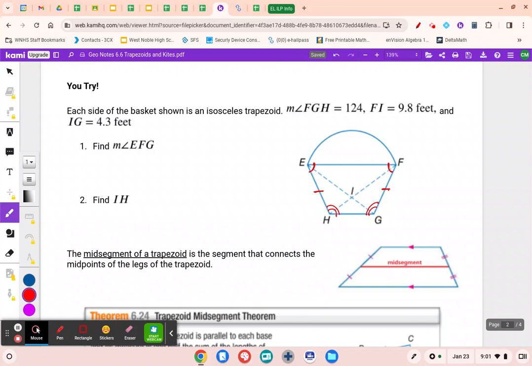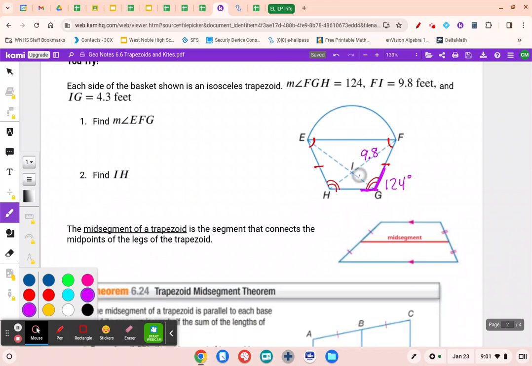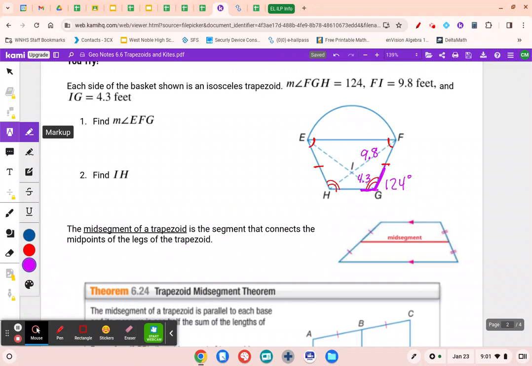They give us angle FGH is 124. They tell us FI is 9.8, and they tell us IG is 4.3. So we are trying to find angle EFG, that's this guy here.